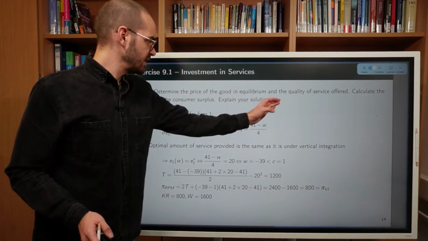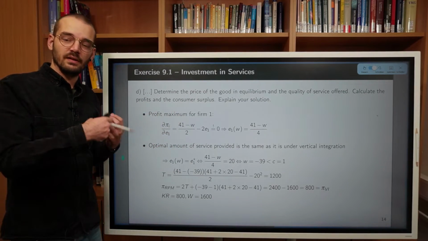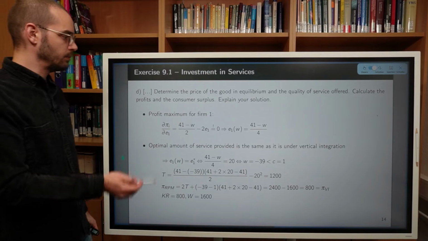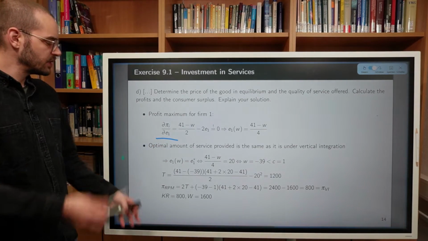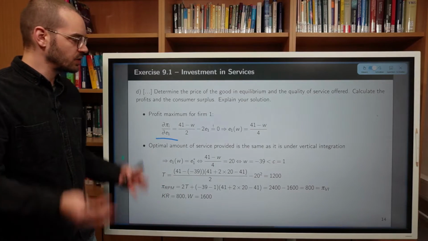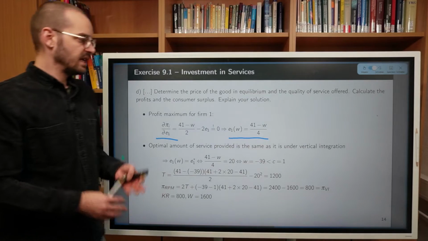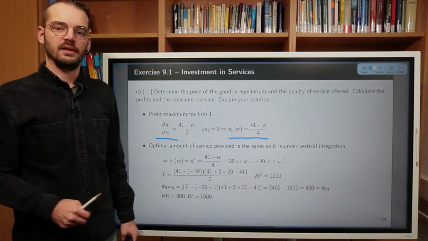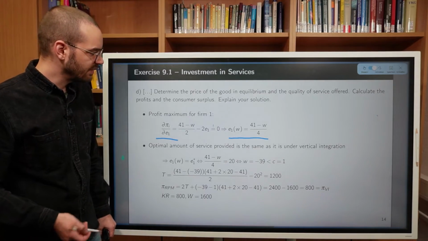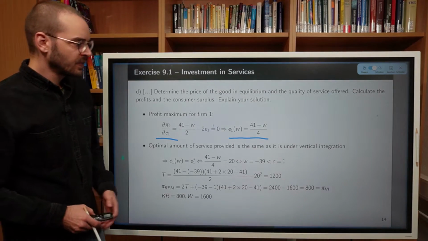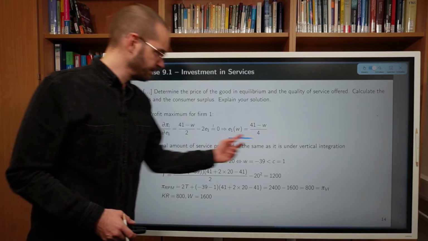So if we do this, and let's just consider firm 1 for a second, of course by symmetry the exact same argument holds for firm 2 as well. So if we now find the profit maximum with respect to the choice of the amount of services, we find out that the amount of services is a function of the wholesale price W, and this function reads (41 minus W) divided by 4.